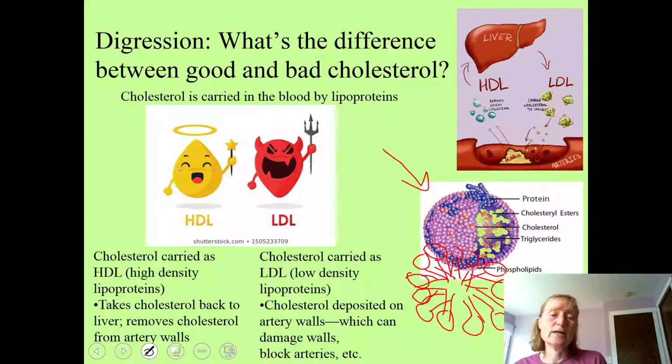And so your doctor will make sure that you're eating the right foods and having the right kind of lifestyle that increases your HDLs but decreases your LDLs. Eating foods that are rich in saturated fats, eating a diet of lots and lots of meat, red meats in particular, can lead to too much LDL cholesterol. And that's why we have to be careful with our diets. Okay.